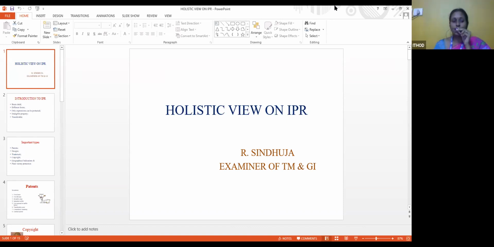His question is whether the recognition is worldwide or within the country. When you apply, there is international filing also. With respect to trademark, there is the Madrid way of filing, international filing, and in patent there is the PCT, Patent Cooperation Treaty, wherein you can opt for the countries where you want protection.